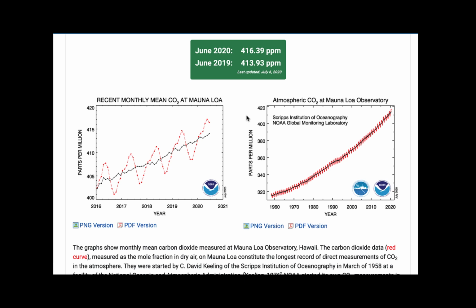And the graph on the right-hand side is the graph since 1958, sorry. And you can see this squiggly red line, and you can see the overall trend is pretty clear. There's no ambiguity about this trend.